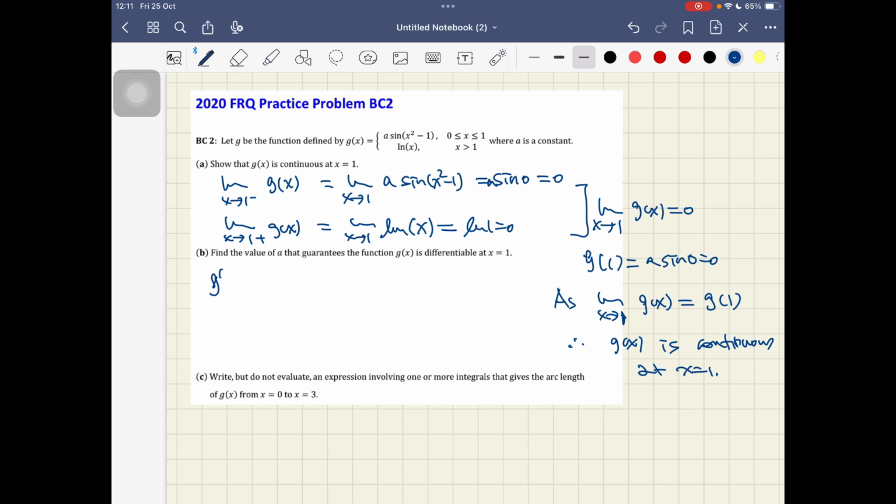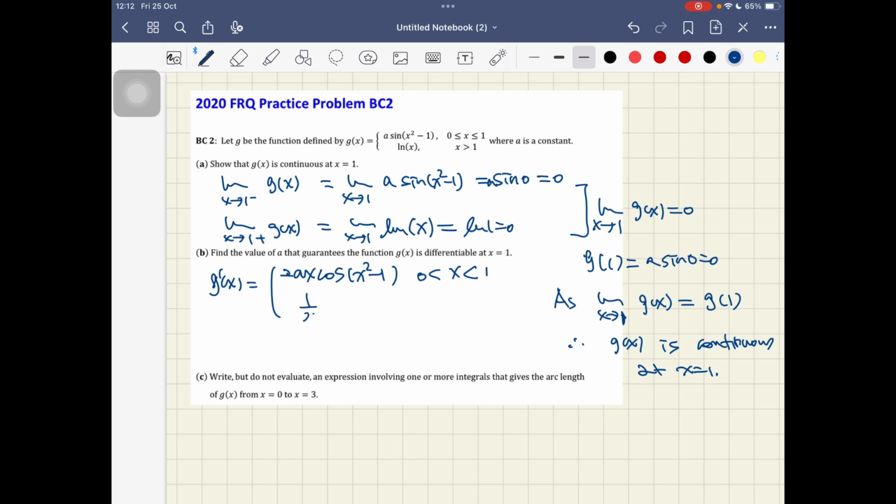Number B, the value of a that guarantees differentiable. So g prime of x is a cos of x squared minus 1 times 2x, 2ax cos of x squared minus 1, when x is smaller than 1. Equal is not guaranteed anything here.